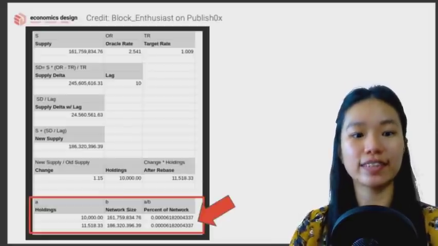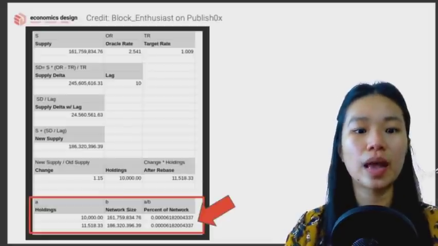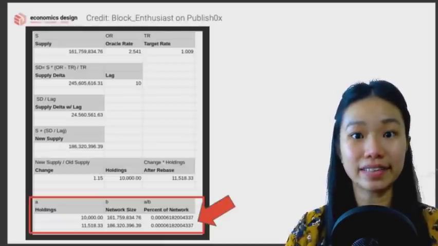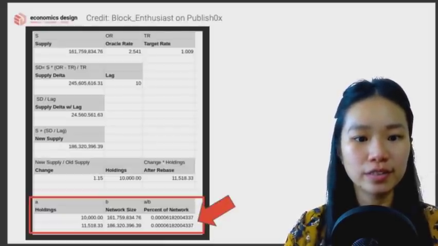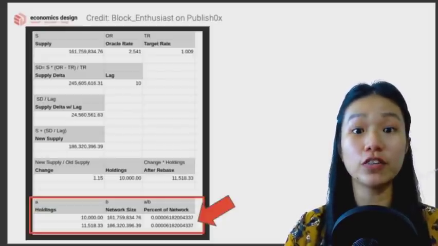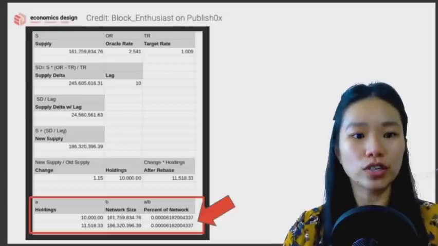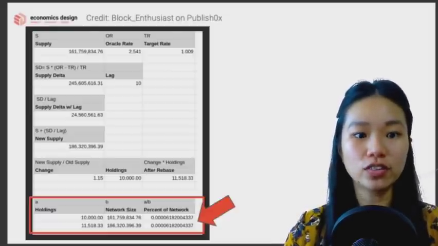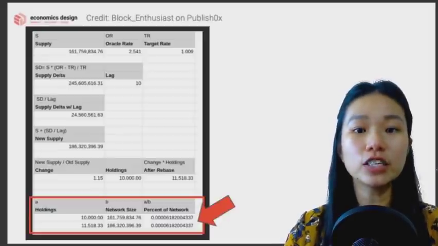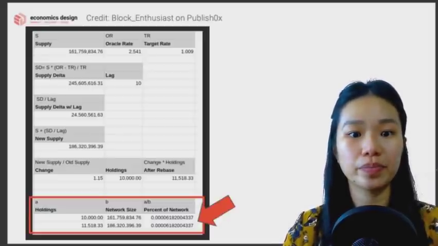Or rather, the network size increased, that's why the holdings increased. But at the end of the day, the percentage of network is exactly the same. It's 0.0, a lot of zeros, and the percentage of network is the same. So this is what I'm trying to say. When the network size increases or decreases, your holdings will increase or decrease proportionally so that the percentage of your network will always be the same.